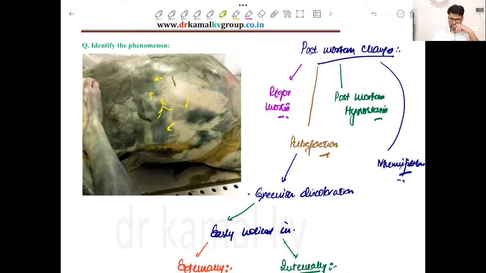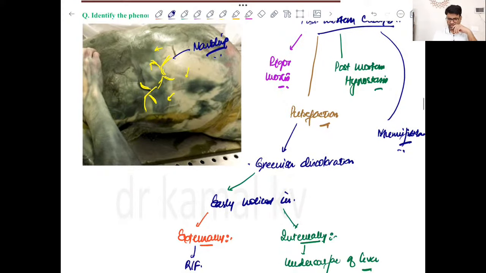So this is in short about putrefaction, and sometimes you can see marbling, which will be something like this. Marbling is because of the hemoglobin released from RBCs, which lines the blood vessels. So you can remember that. It may be seen around 24 to 48 hours, and that is just one of the processes related to putrefaction.